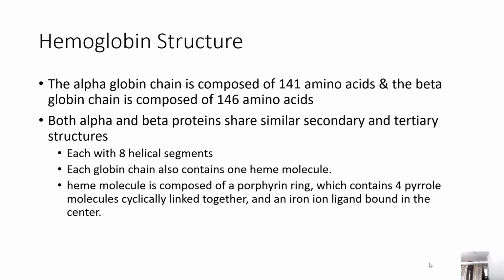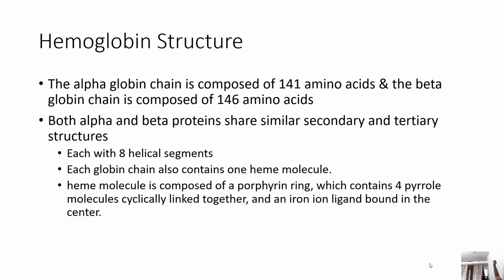The alpha globin is composed of 141 amino acids and the beta globin chain is composed of 146 amino acids. Both alpha and beta proteins share similar secondary and tertiary structures, each with 8 helical segments. Each globin chain also contains one heme molecule.